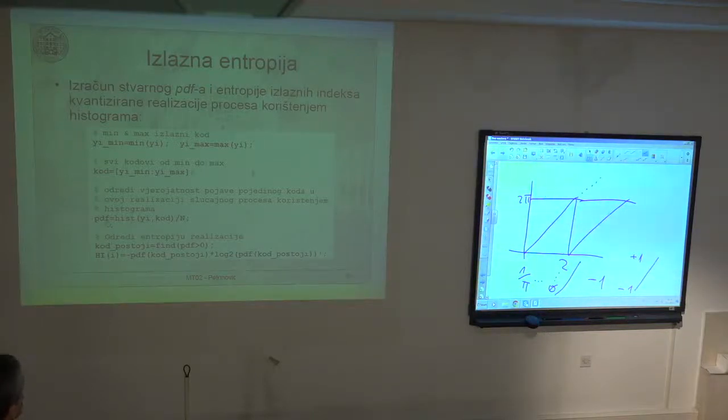Once I have this discrete probability, I compute the entropy according to the expression: sum of pi times logarithm base 2 of pi. This is pi, and this is logarithm base 2 of pi, and this is a sum because it is the multiplication of a row vector and a column vector.